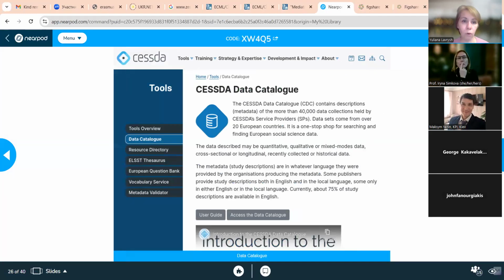Or, for example, here is Big Data Catalog. I recommend using it because it keeps a great amount of data about everything. I cannot name any topic which is not in this catalog.